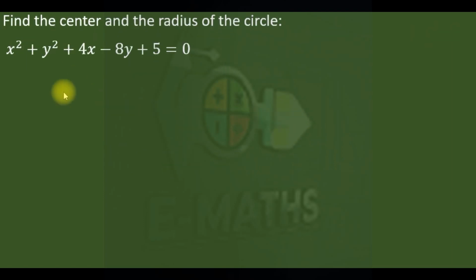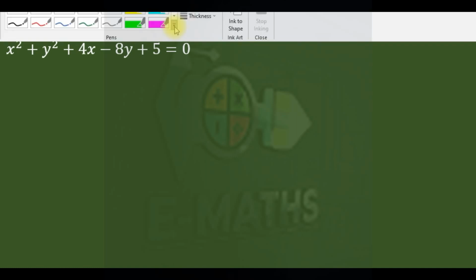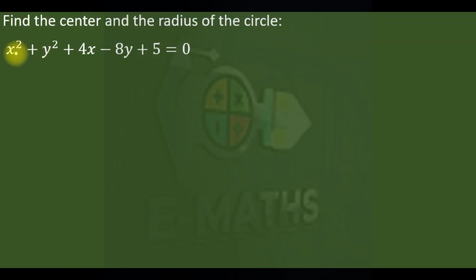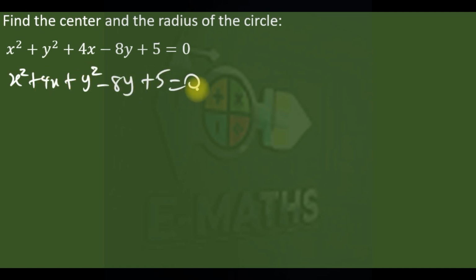Because what we have here, you can see, is a quadratic. I'm seeing x squared and y squared, so we're going to use it. And it's easier when the coefficient of x squared is 1. So let's solve. We have x squared plus 4x plus y squared minus 8y plus 5 equal to 0. So let's make this and this a perfect square.